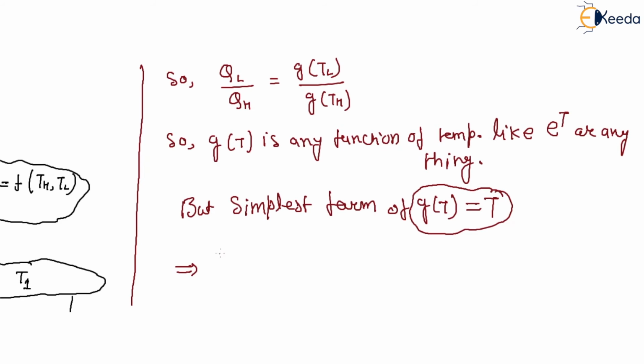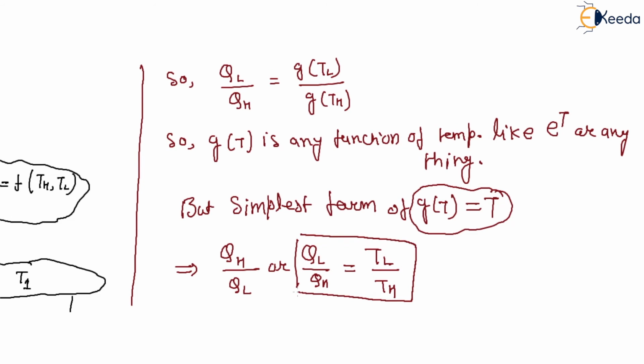So QL by QH we can write as TL by TH, right?